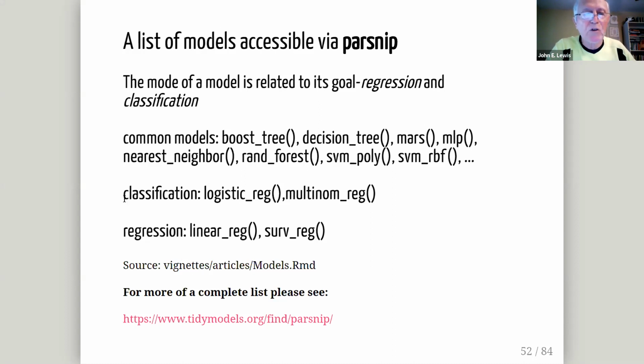If we go to just classification models, then we find logistic regression and multinomial regression, and just for regression, linear regression and survival regression.